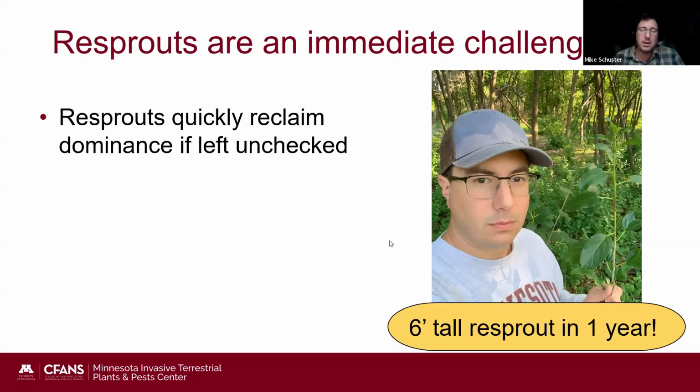And so, another example here, this is a site down in Victoria. I'm a little bit over 6 feet tall. This is a buckthorn resprout from earlier that year that is just as tall as I am. This is from a stem that we would call a Moab, a mother of all buckthorn, just a giant tree.